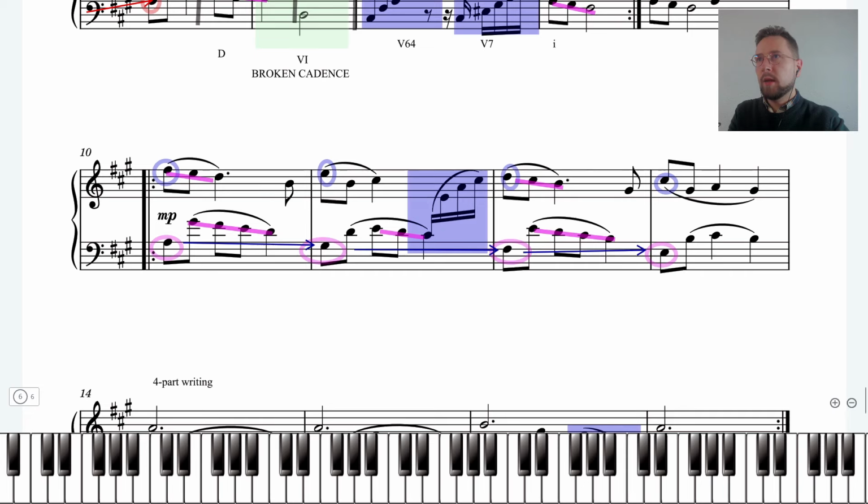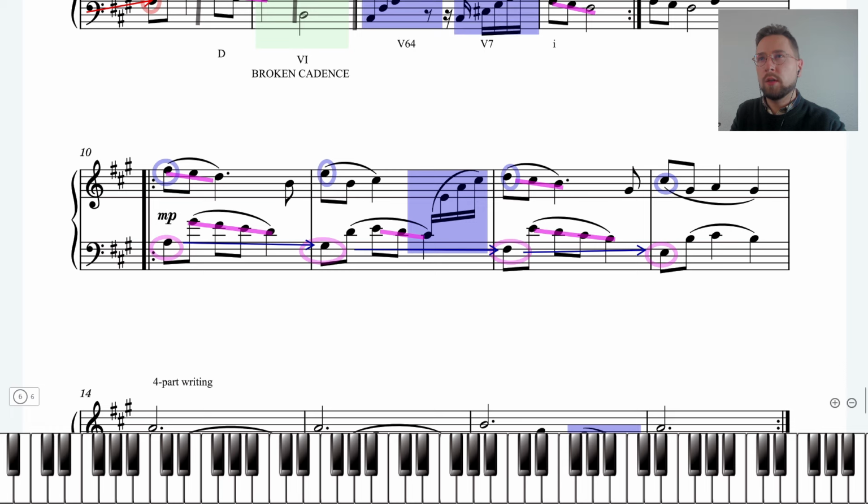In the second half, this, which is basically a set of parallel 6. It also can be viewed as a harmony that has a seventh. Right, as a circle of fifths.